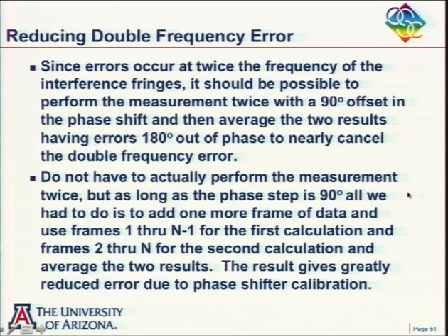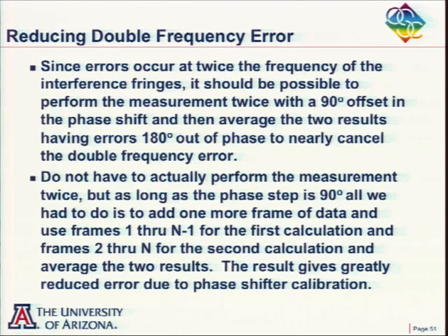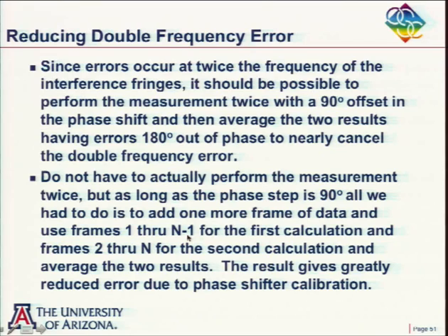And I don't actually have to do the measurement twice. But what I could do is, say I'm doing 90-degree phase steps, I can take an additional frame of data. And so I can calculate the phase using frames 1 through n minus 1, and also calculate the phase using frames 2 through n, and then average the two results.